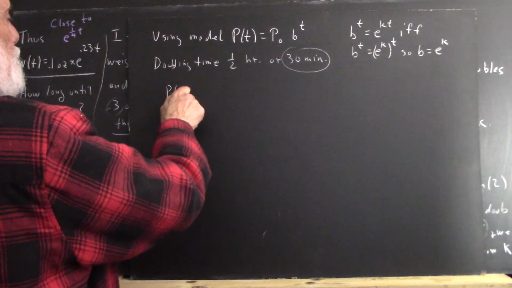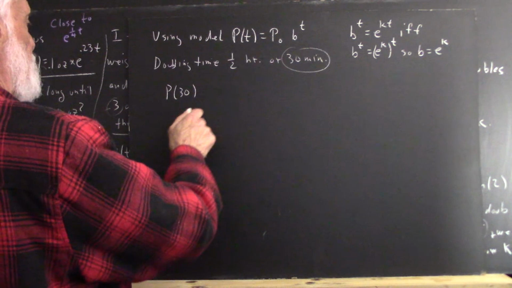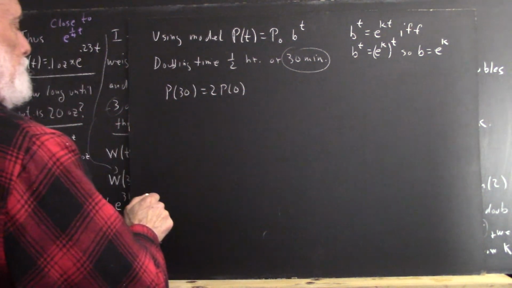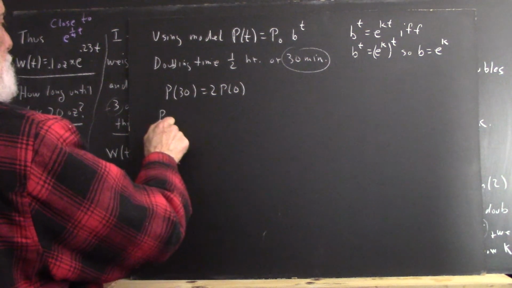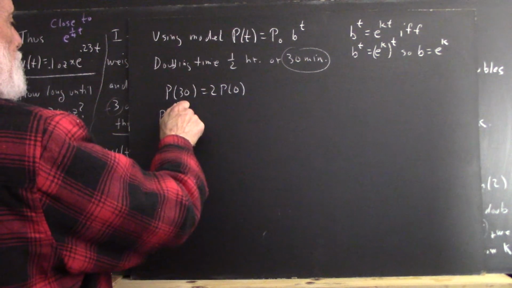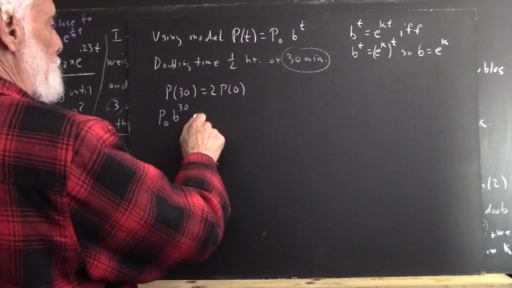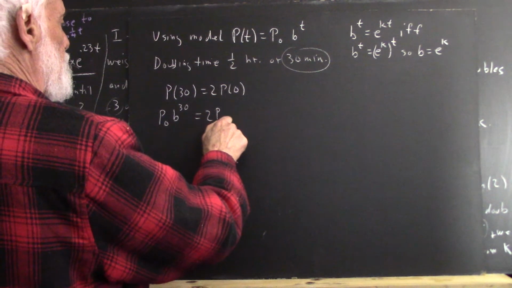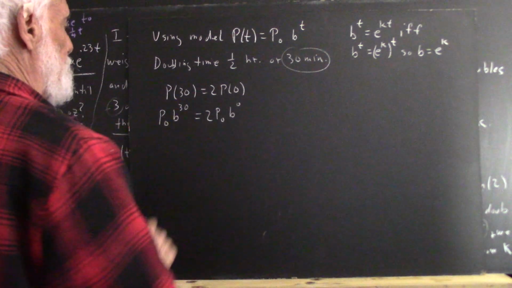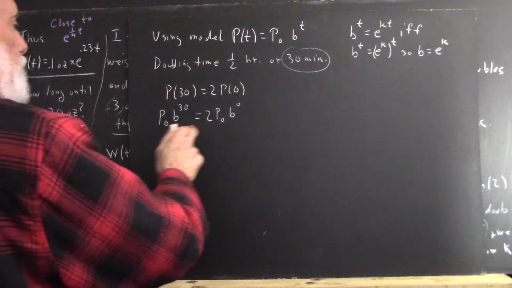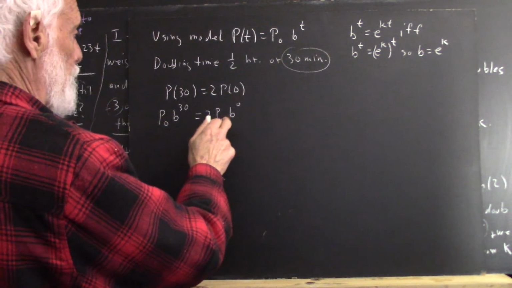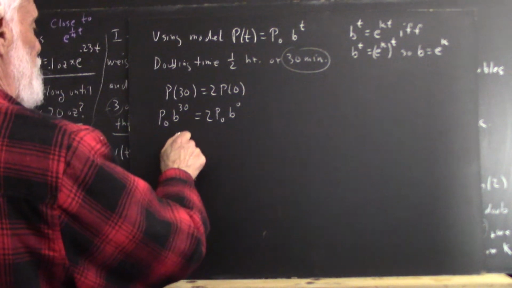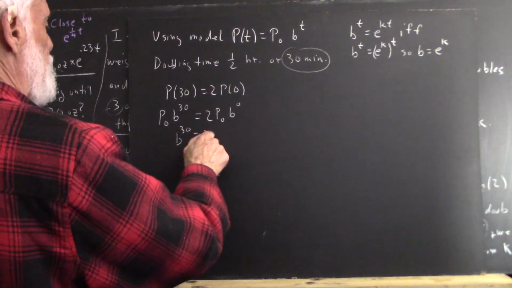So then p of 30 would equal 2p of 0. p of 30 is p0 b to the 30, and 2p of 0 would be 2p0 b to the 0. We divide out the p0, and b to the 0 of course is 1, and we get b to the 30th equals 2.